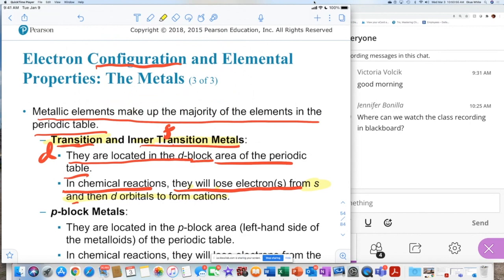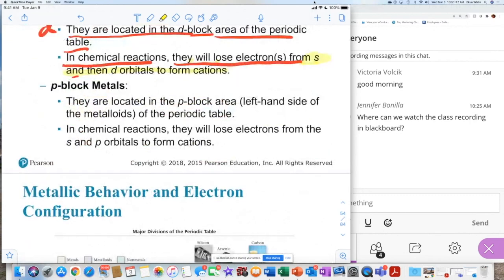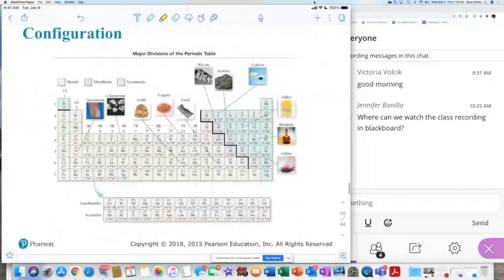They're complicated like that. The other one had the principle, last one in, first one out. Not transition and intertransition. They're different. They lose from S first, then they lose from D. When it comes to losing electrons, it's like, okay, the one that has the highest energy level is the one that loses electrons first.